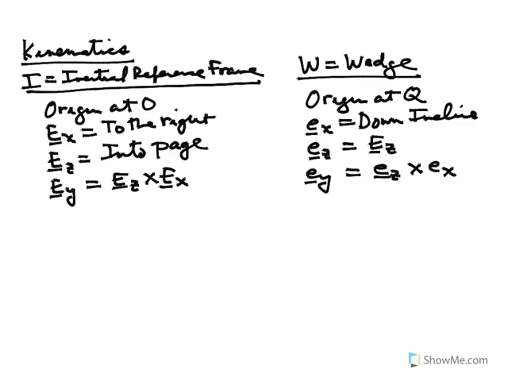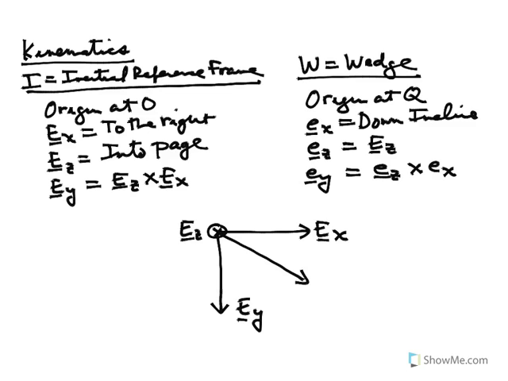Little ez is equal to big Ez, and little ey is equal to Ez crossed with Ex. Now this picture looks as follows: big Ex points to the right, big Ez is into the page, and big Ey is equal to Ez crossed with Ex, which is down. Little ex points down the incline, and little ez is equal to big Ez.